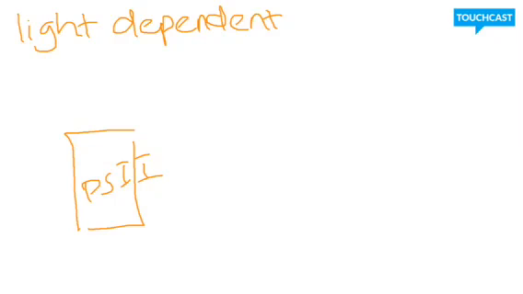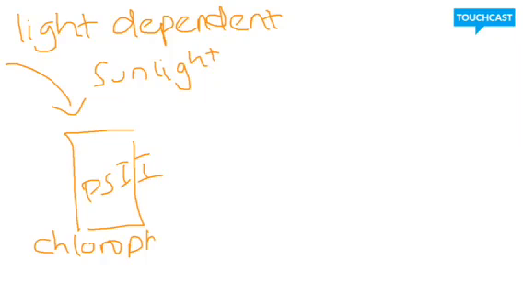The light-dependent reaction starts with sunlight hitting photosystem 2. Inside photosystem 2 you have chlorophyll and you have a low energy electron. When sunlight first hits photosystem 2, this electron will become excited. It will gain energy.